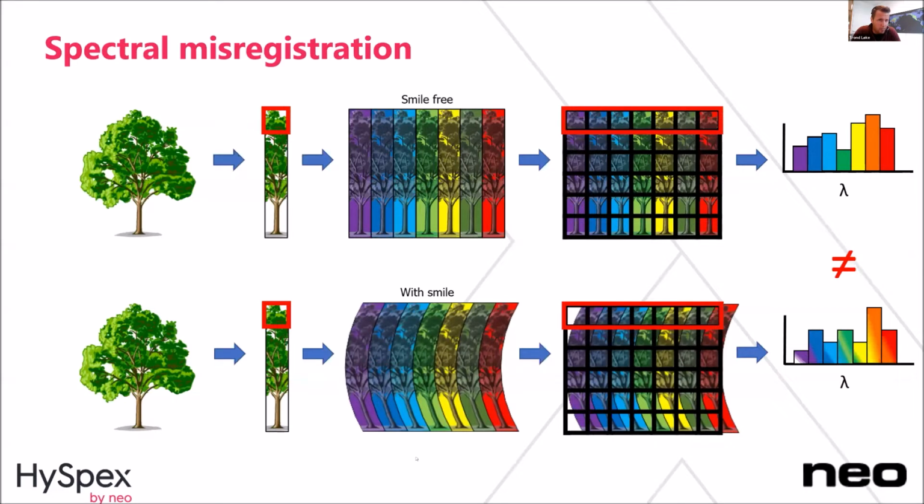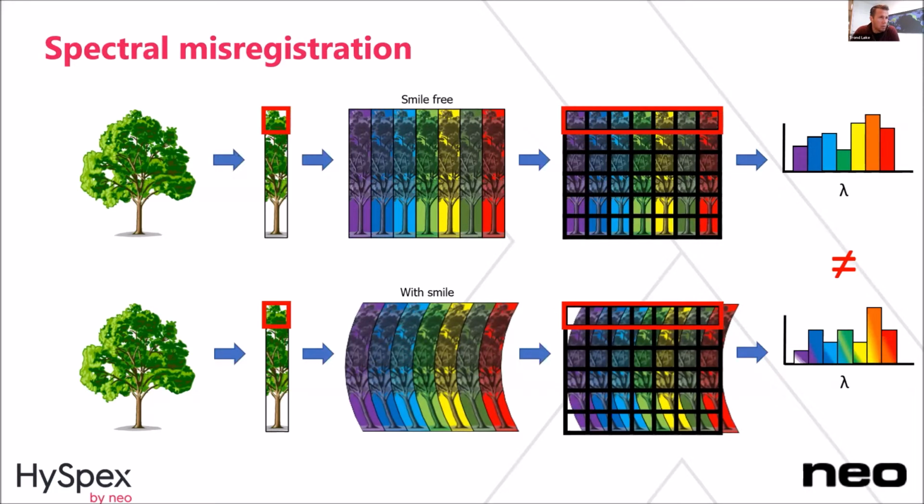While if you get smile, you will have a bend in this. That means that your spectral calibration, or your center wavelength for a pixel on one side of the field of view, is different than the other side. And that, of course, will give similar effects to keystone, but in the other domain. So you will get a contribution or a shift of the spectra.